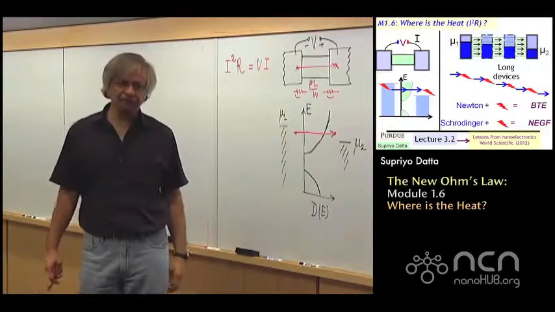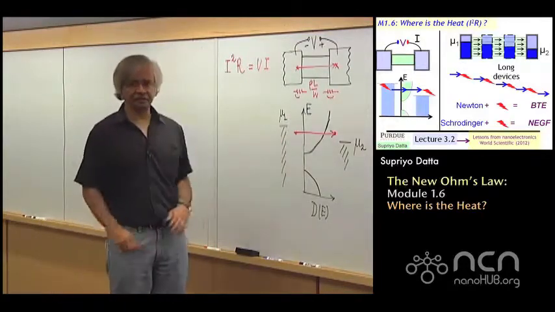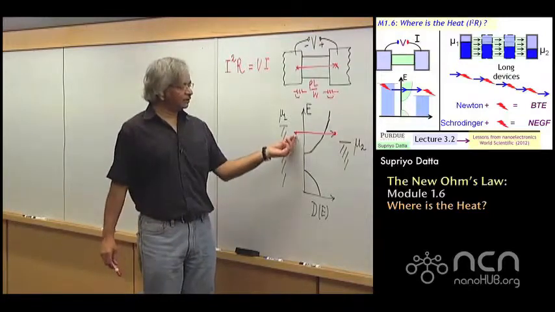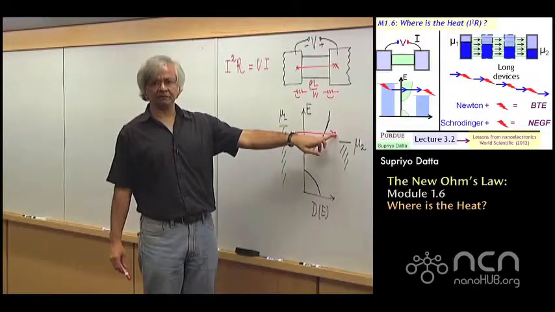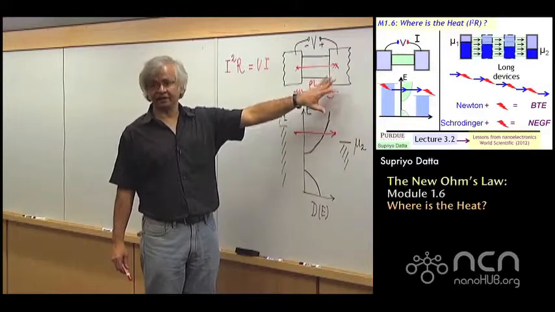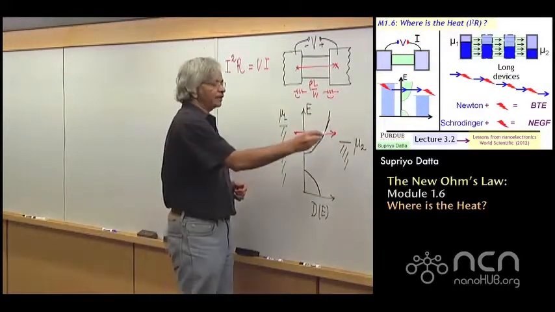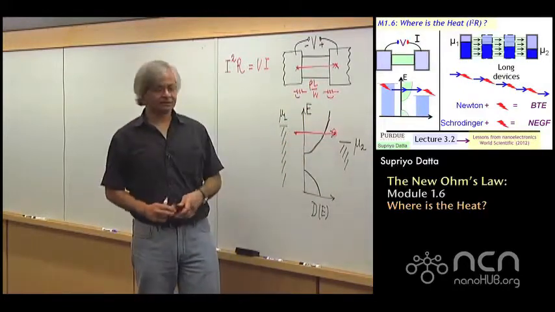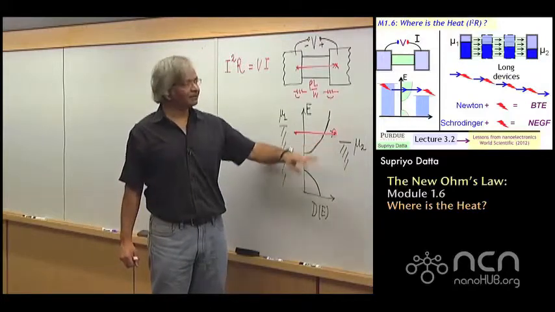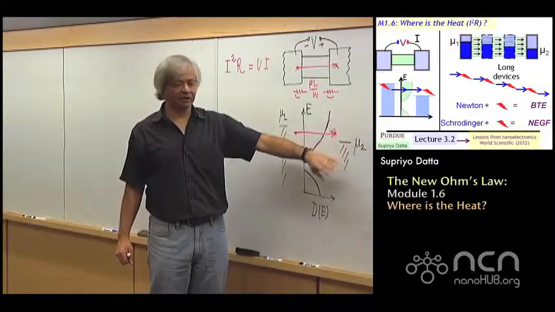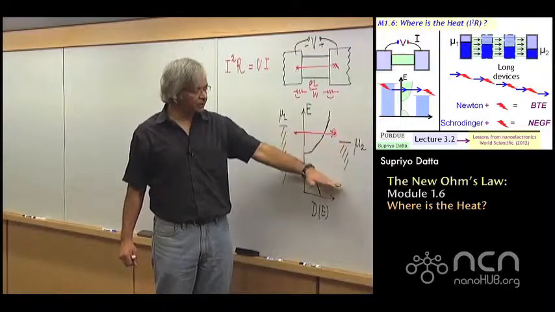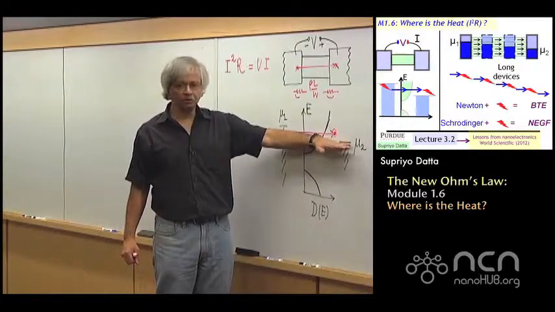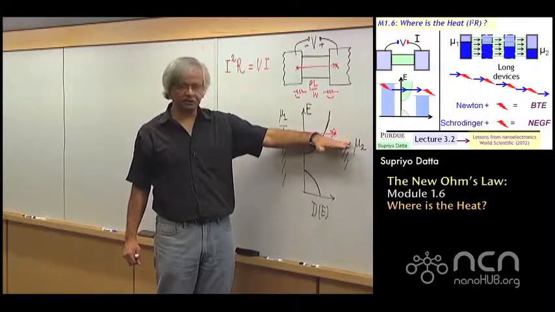And that's where the present view is, the understanding is, that you see, the electron, once it comes out here, inside the contact, it has a lot more energy than it should have. Why? Because this contact, when it is in equilibrium, all electrons occupy energy levels up to μ2, up to this electrochemical potential.